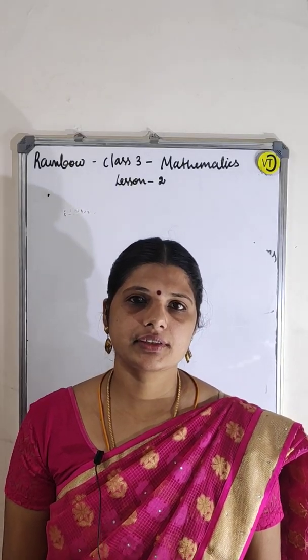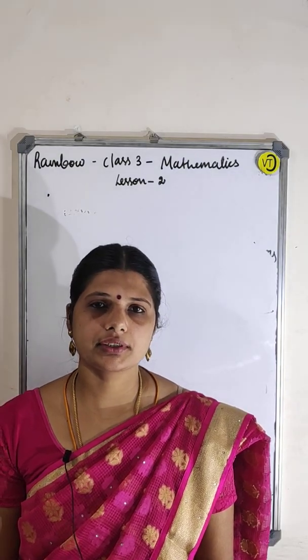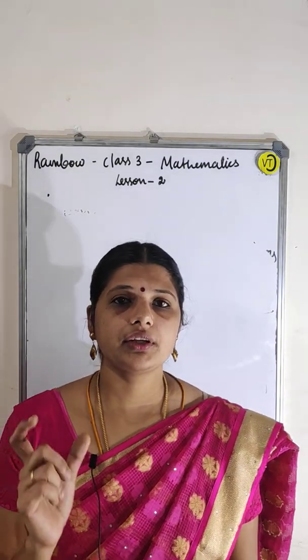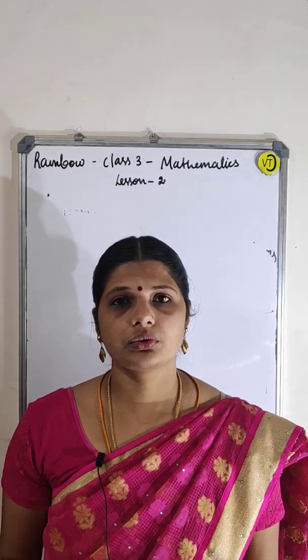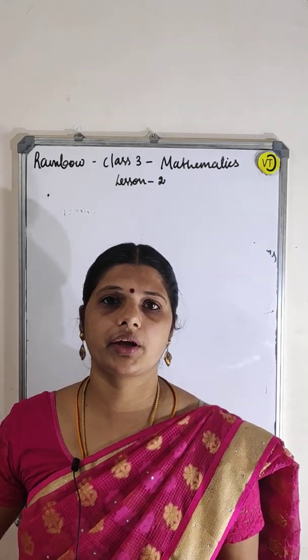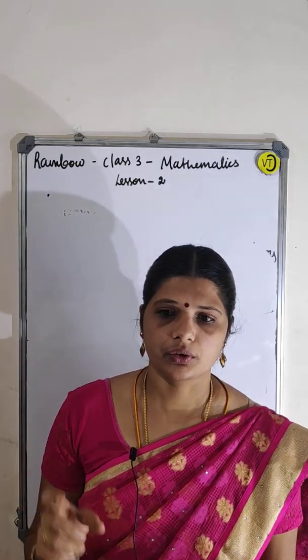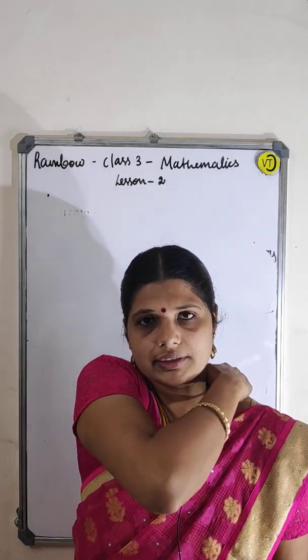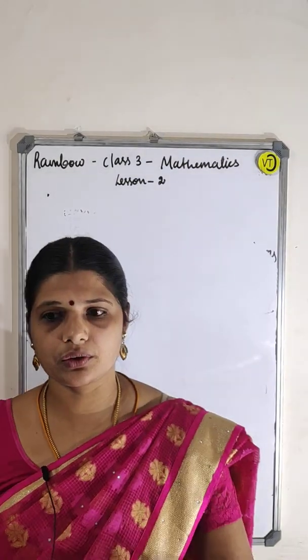The next is odd numbers and even numbers. Even numbers, first I will tell you. Do you know the table of 2? It is like 2, 4, 6, 8, 10, 12, 14, 16, 18, 20. It will be going on like that. Do you notice here the last digits of this table are all 2, 4, 6, 8, 0?